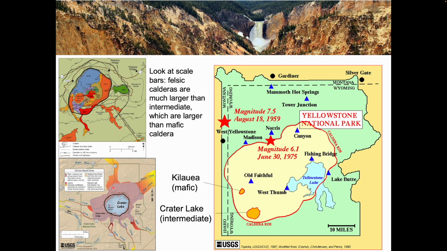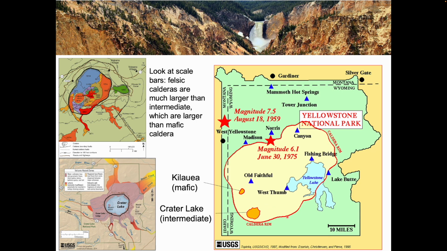Crater Lake actually began as a rhyolitic felsic eruption, but then as it evacuated its magma chamber as that volcano erupted, and we'll talk about this more in detail later on in this course, it collapsed down, and then intermediate and mafic magma started coming out and erupting. So Crater Lake is about 6 miles across. It's here to scale on Yellowstone National Park.